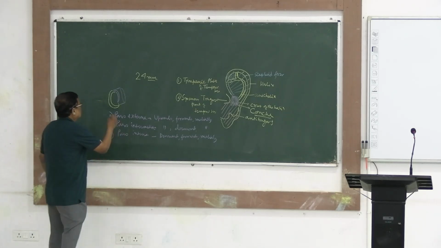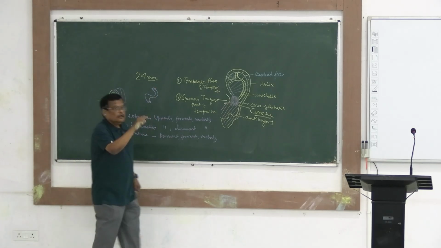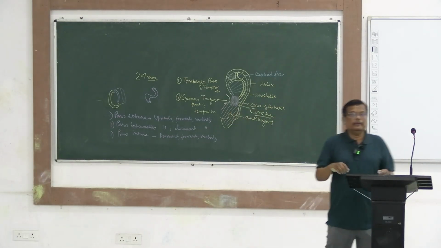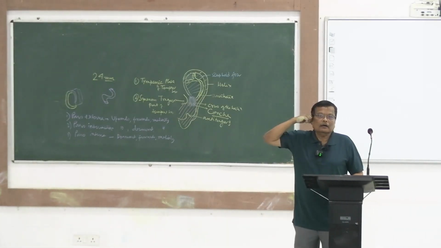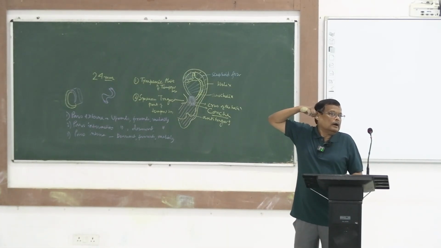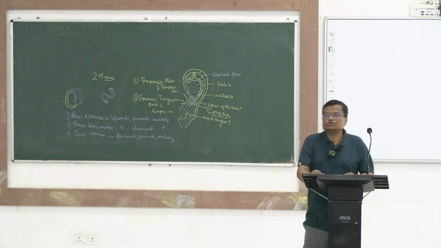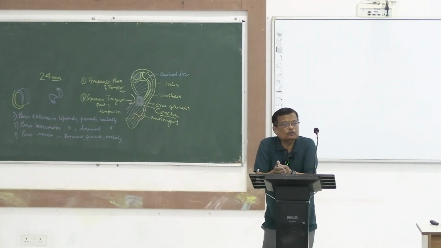So actually it looks like that. The external acoustic meatus is an S-shaped curve. To view the tympanic membrane in an adult, the external ear should be pulled upwards, backwards and laterally. That's an important clinical question. Why is the external ear pulled upwards, backwards and laterally to view the tympanic membrane and the deeper part of the external acoustic meatus?